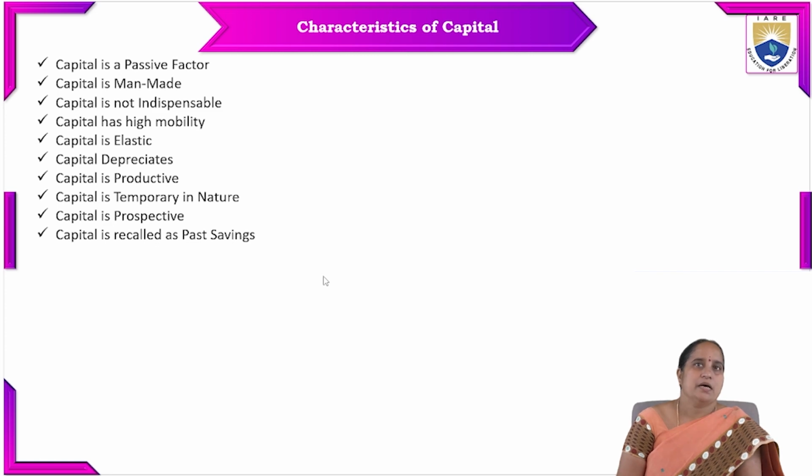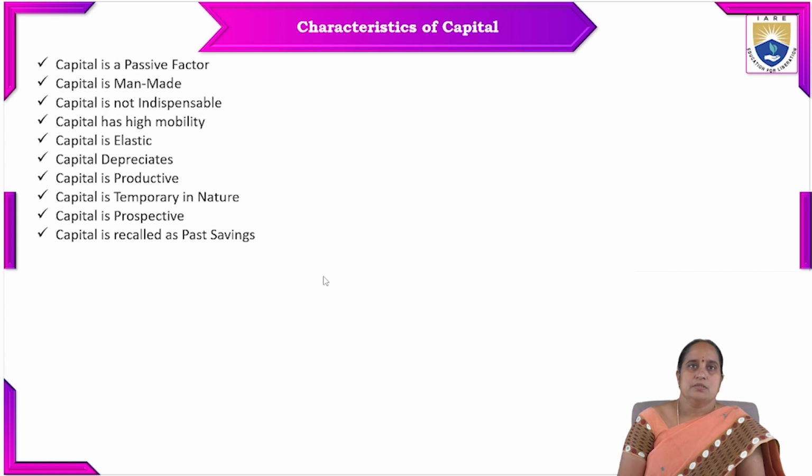And capital has high mobility. If you observe capital, we can easily mobilize it. We can convert cash into other forms, and other forms of goods and services can be easily convertible. Capital is also elastic, as it depends upon the size or volume of production.